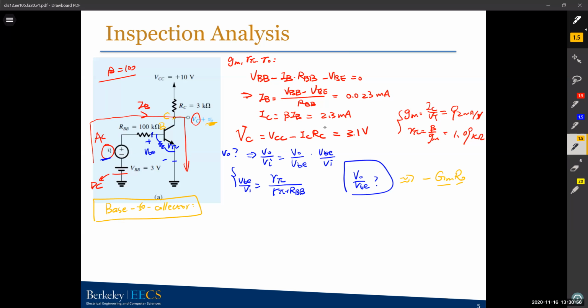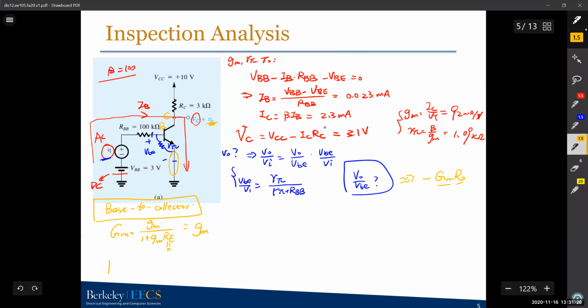And the capital GM for the base to collector circuit is small gm over 1 plus gm times RE. And we don't have an RE in this circuit. The emitter is just connected to the ground, which means RE equals 0. So your capital GM will just equal your small gm.